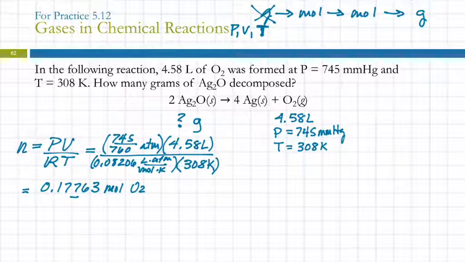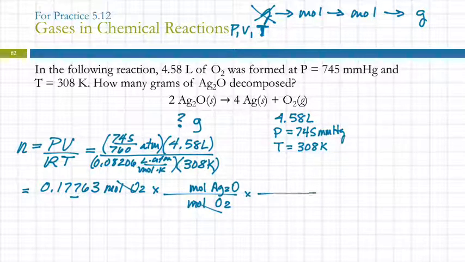Any questions yet? I have now reached this point where I found moles of the first thing. So now I'm going to convert that to moles of the thing I'm trying to learn about, the Ag2O. So I'll divide by moles of O2 so that the units cancel out.